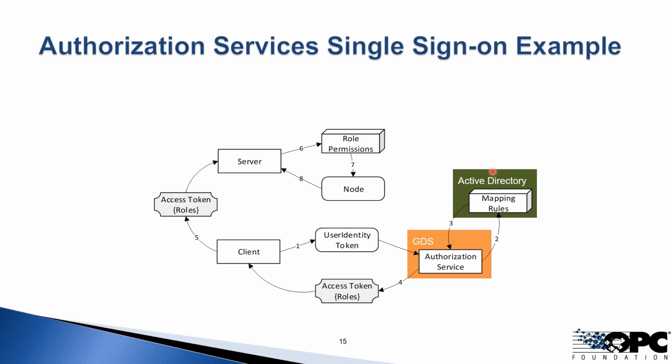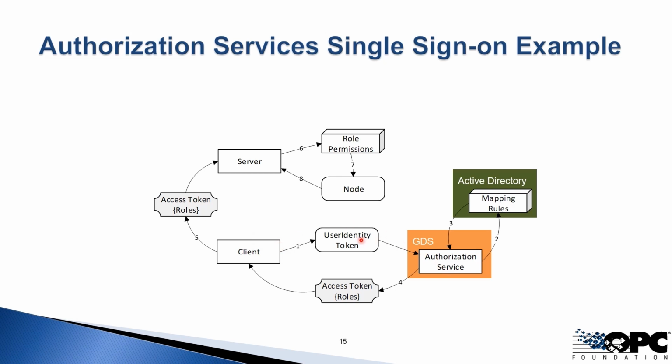So in this case, the single sign-on happens quite nicely because before the client even starts up, the Windows machine has been started and the user, an Active Directory user, has logged into the machine. And so the user identity token that I need for this client is already present.